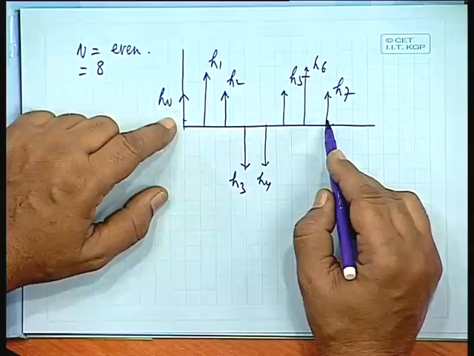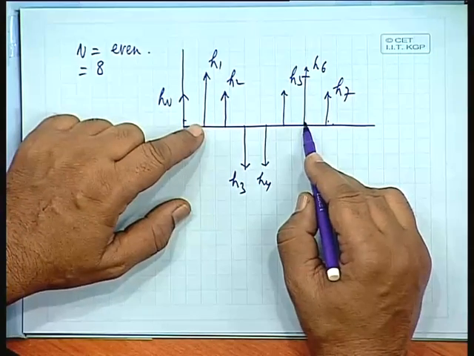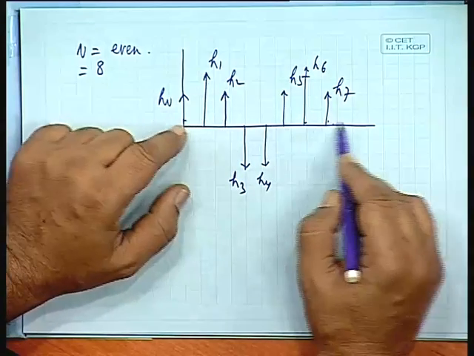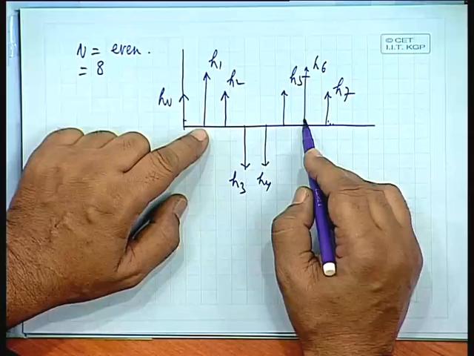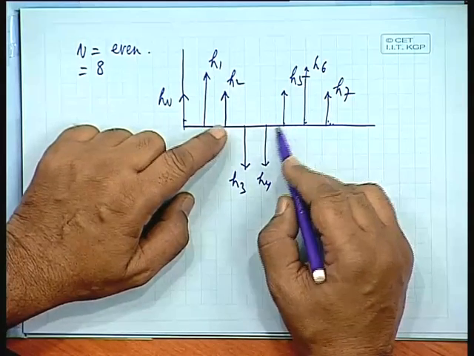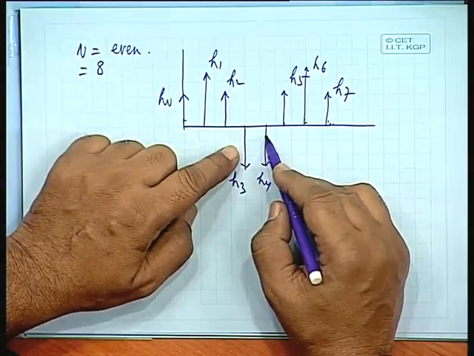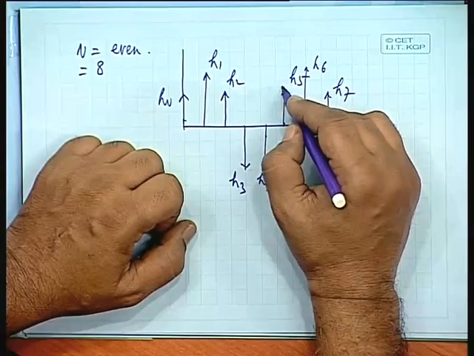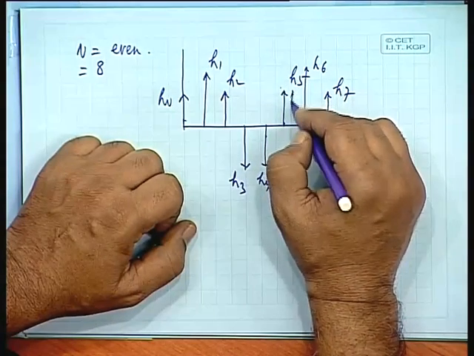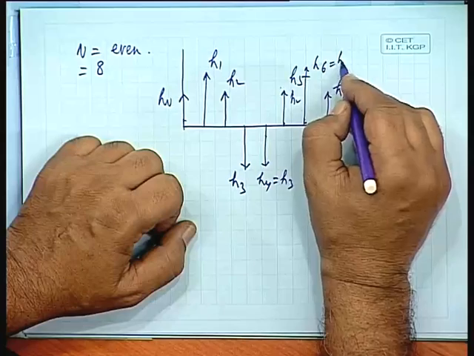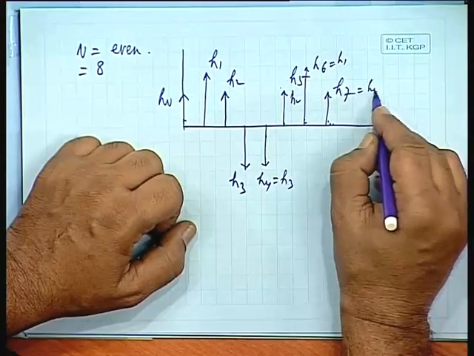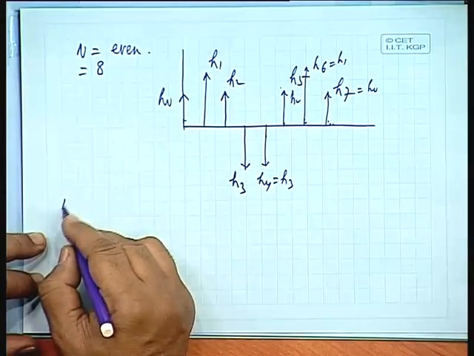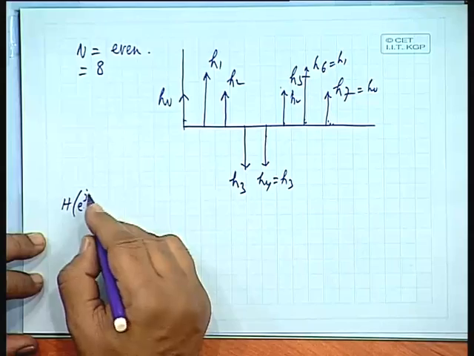So, H0 is equal to H7, H1 is equal to H6, H2 is equal to H5, H3 is equal to H4. Then what will be H e to the power j omega, like this?